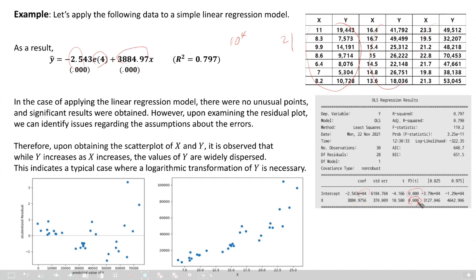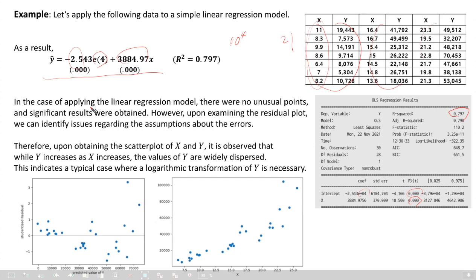The r-square, the coefficient of determination, is 0.797. So x, the explanatory variable, explains the variability of y by 79.7%. What else? We don't know. Anyway, we get a result like this.